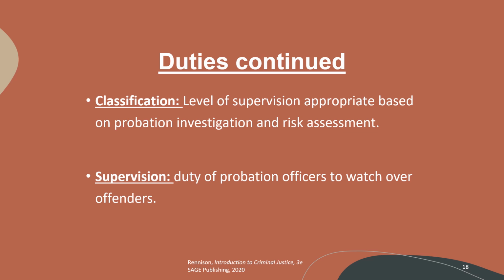Are they going to be low level supervision where they only need to be seen once a month because they're not as likely to reoffend? You typically have a recommendation, so you'll do your assessing and classifying in your pre-sentence report and submit that recommendation to the judge.